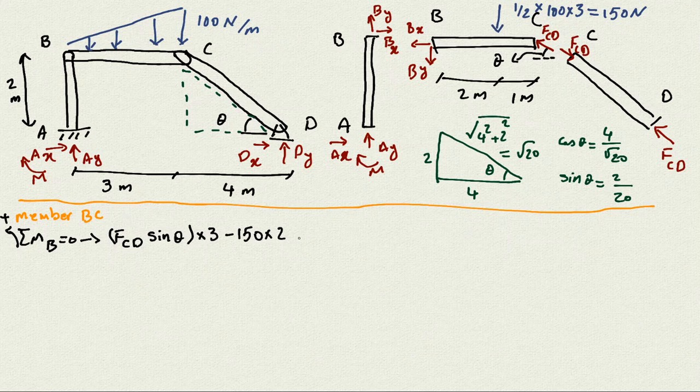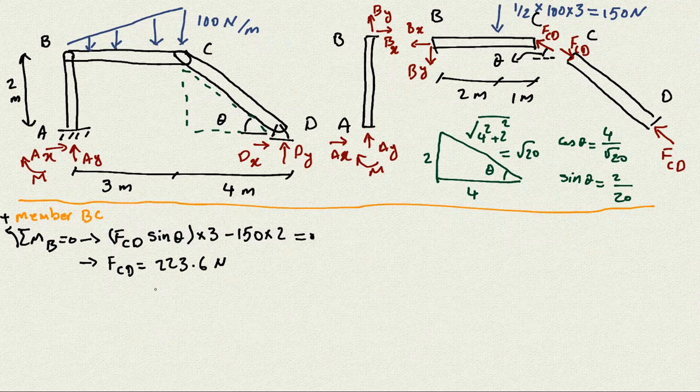And we don't have any other forces here, so this is equal to 0. Therefore, if we solve that, the FCD comes out as 223.6 Newton. So that's the FCD we have.